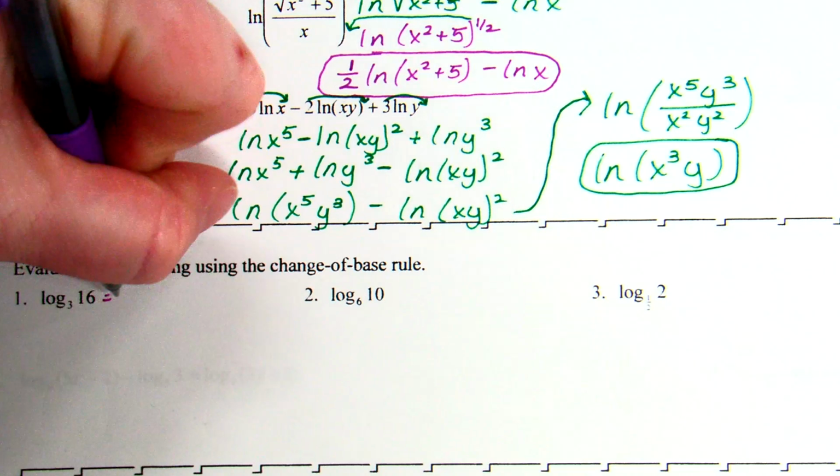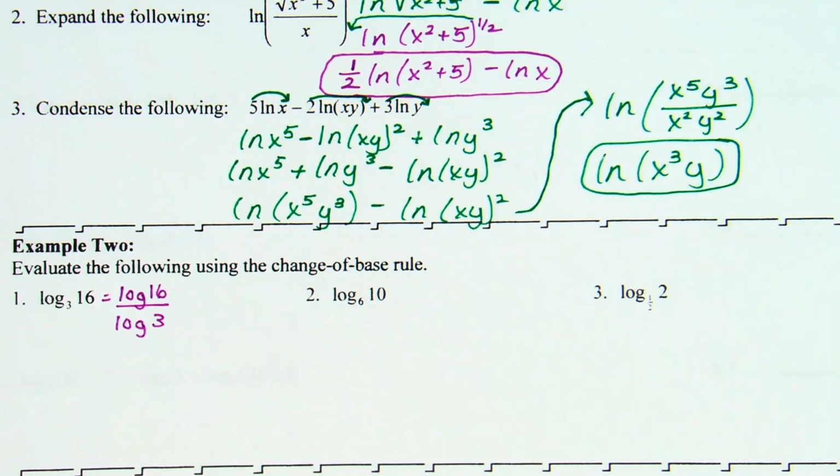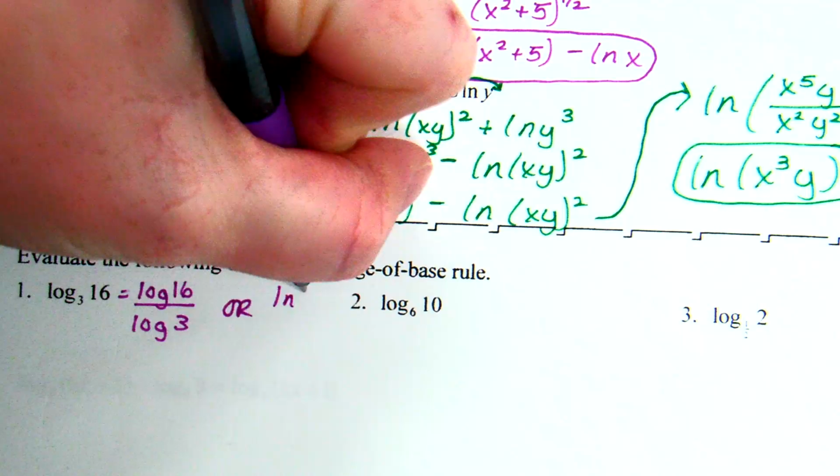And the way she said it, I wrote it as in our common log, log base 10. Is that the only way you could write that? What's the other way I could say? Could I say natural log? Yeah, you could say natural log of 16 divided by natural log of 3.